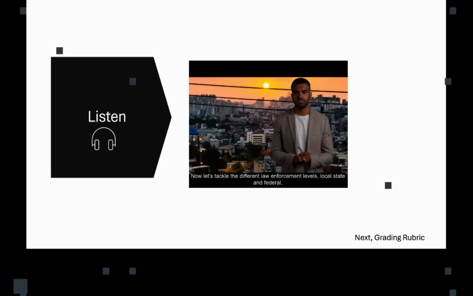Now, let's tackle the different law enforcement levels: local, state, and federal. Break it down for the community so they understand who's responsible for what and how these levels work together. As you create your outline, think about how to engage the community. Consider incorporating visuals, real-life examples, or even guest speakers to enhance the learning experience.